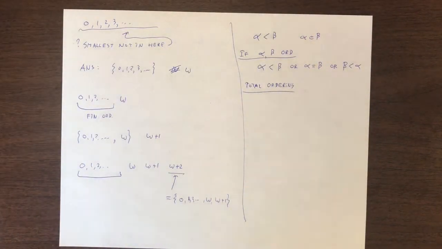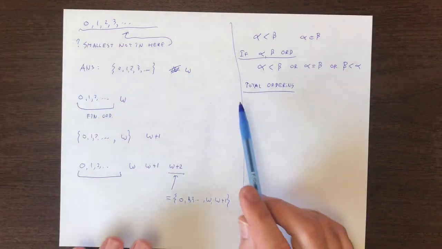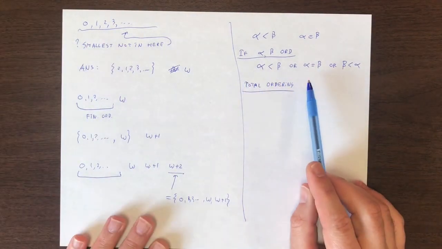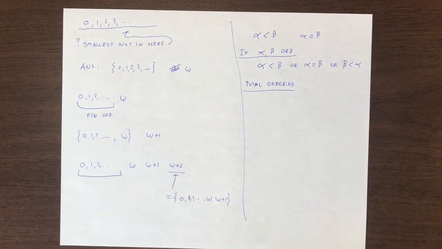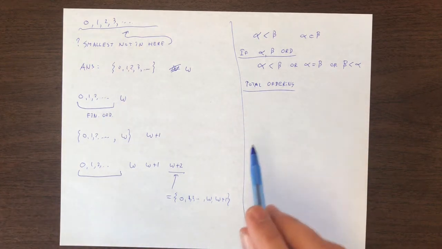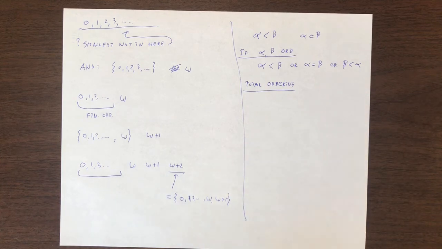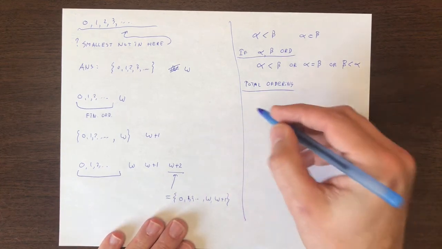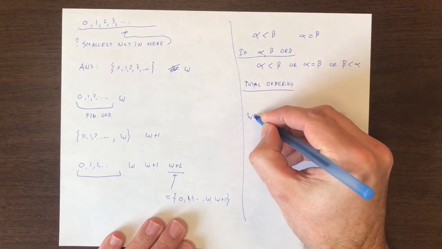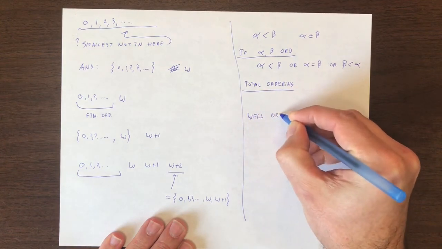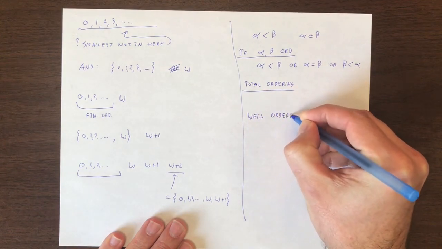Okay, so I couldn't help but use that definition. So in any case, ordinal numbers are totally ordered. So let's see, what's the next property? Well, ordinal numbers are even better than totally ordered. They are what's called well ordered.